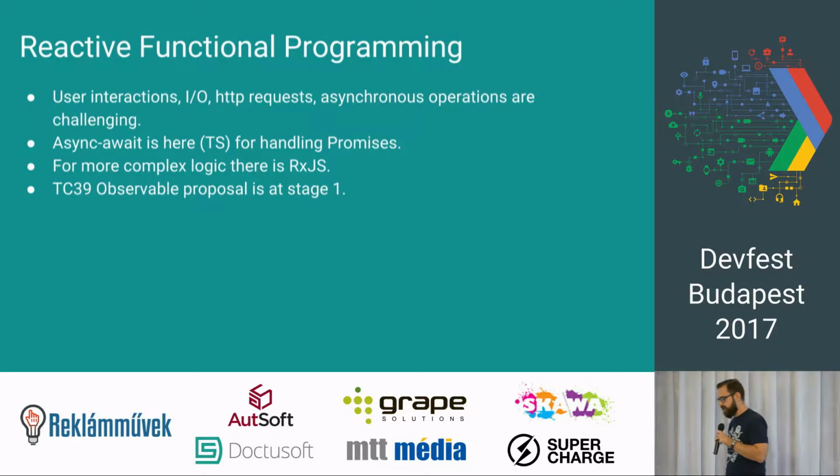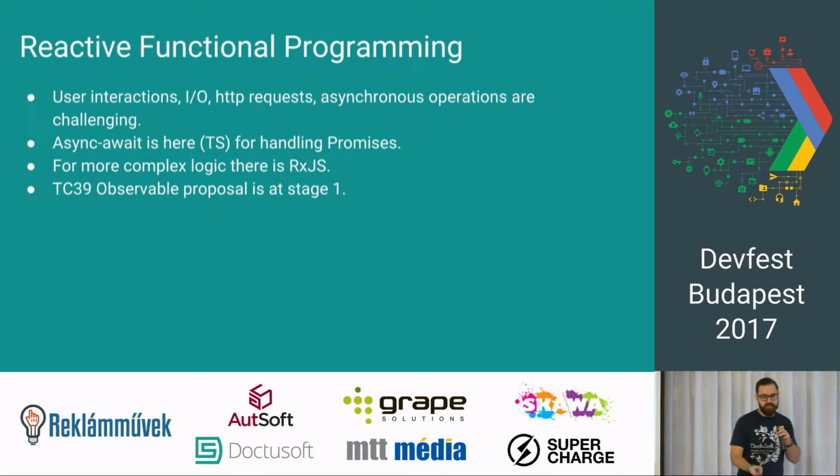In addition, RxJS is called reactive functional programming because when developing a UI, I'm pretty sure you're familiar that you are dealing with a lot of asynchronous stuff: user interactions, the user clicking that button, I/O. Let's say you are working on an Electron app, so you are writing files and making HTTP requests.